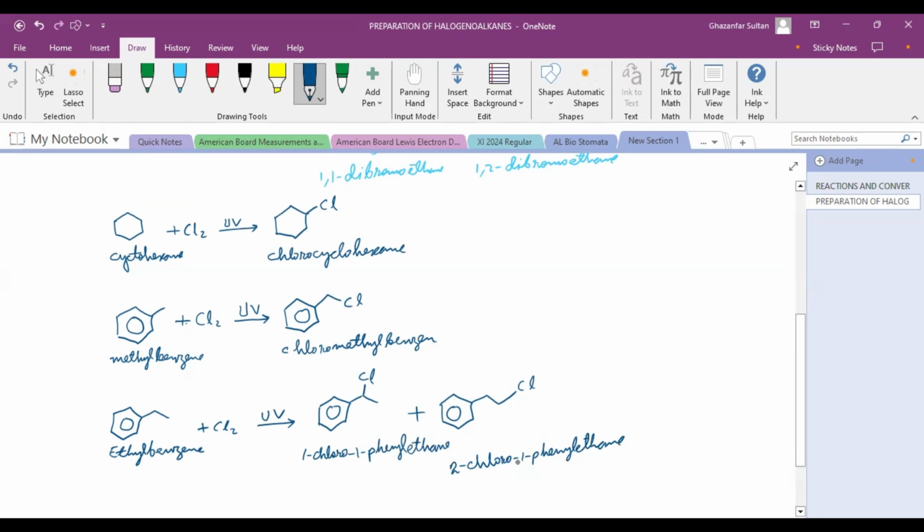That's why the name is 2-chloro, 1-phenyl ethane. If you write 1-chloro, 2-phenyl ethane, then it would be considered wrong. This is the correct one, and this is the wrong one.